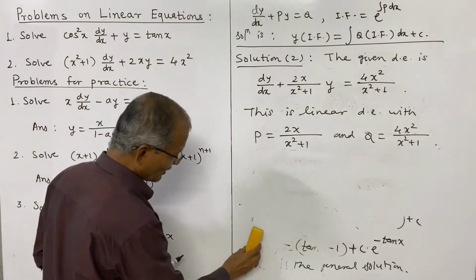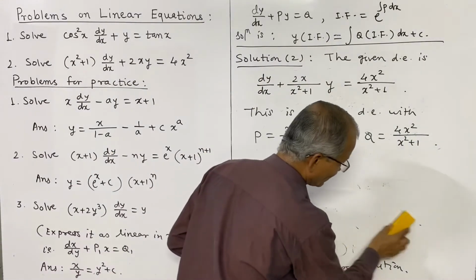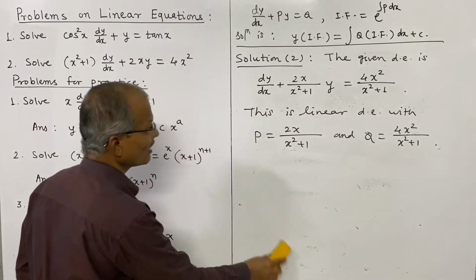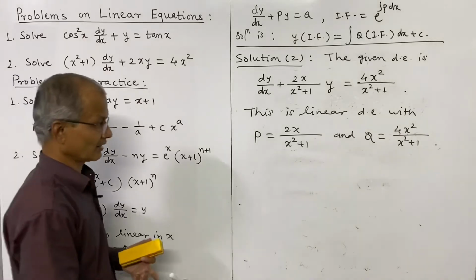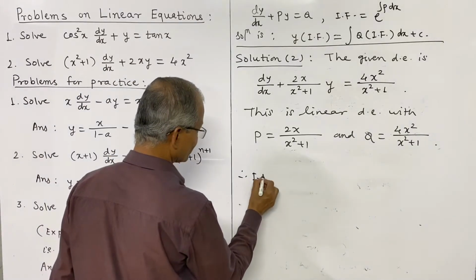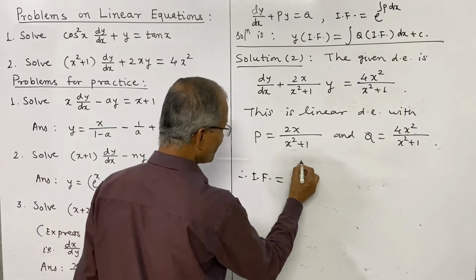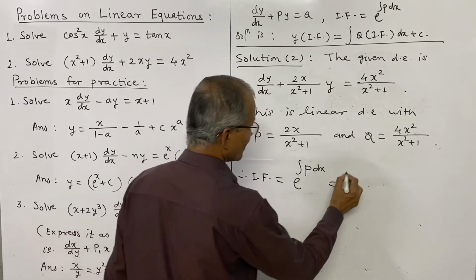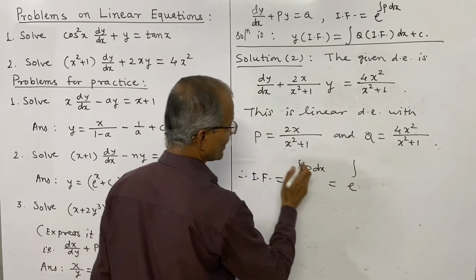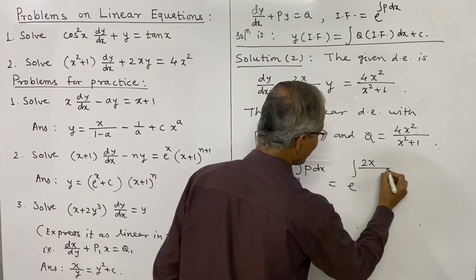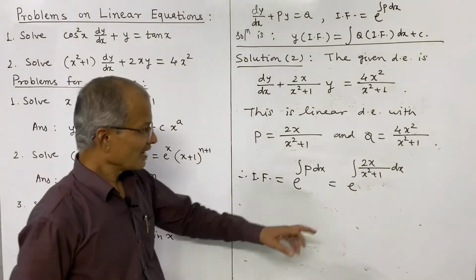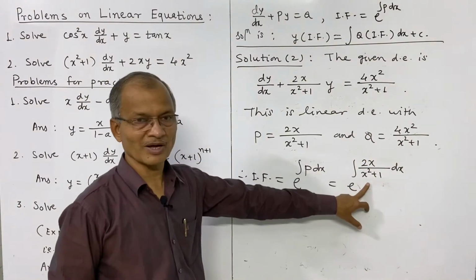So after putting the equation in standard form and writing the values of p and q, we should write the integrating factor. Therefore IF is e to the power integral p dx, or that is e to the power integral of p, this value 2x divided by x square plus 1 into dx. Now how to integrate it? See, it is of the form f dash x divided by f x.